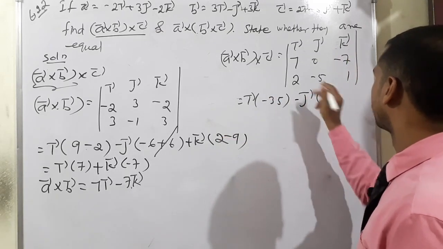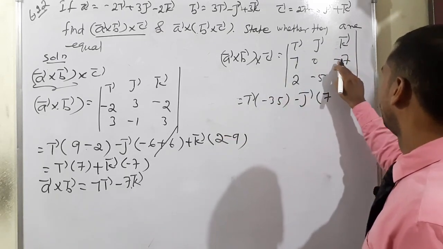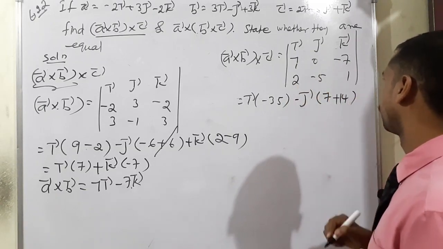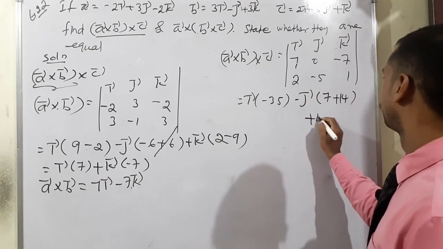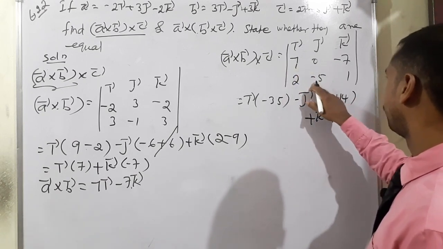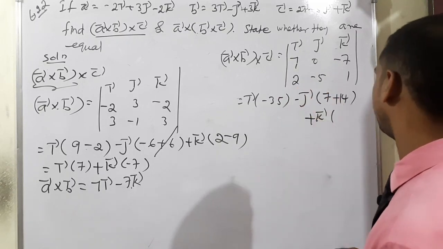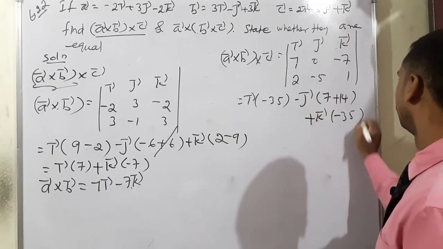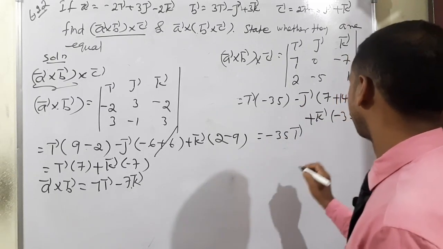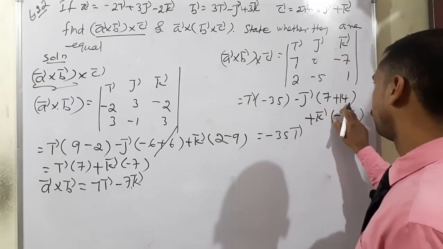Again, minus j vector: 7 into 1, 7. Minus 7 into 2, minus 14. But we can write it as positive 14. Next one, plus k vector: minus 7 into 5 means minus 35, isn't it? Minus 35. Therefore, minus 35 i vector. Again, 14 plus 7 means 21.